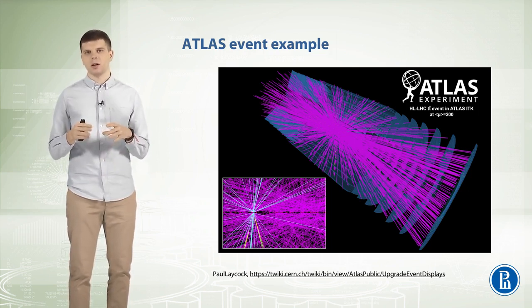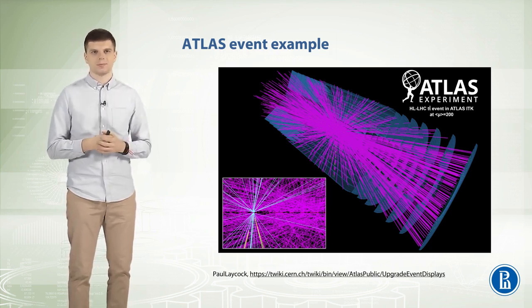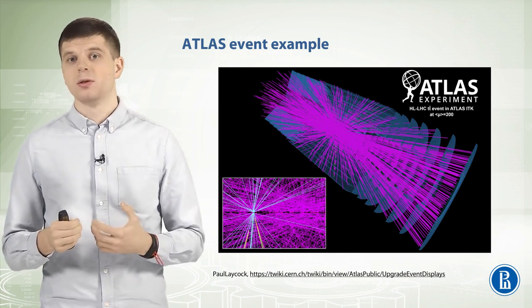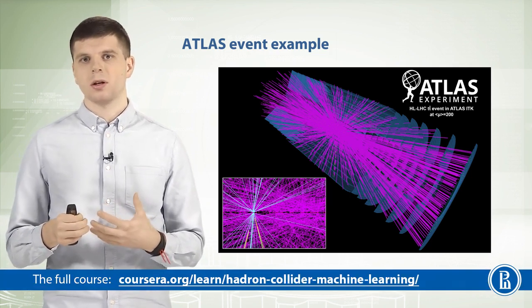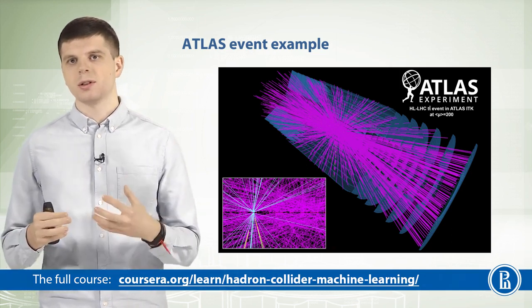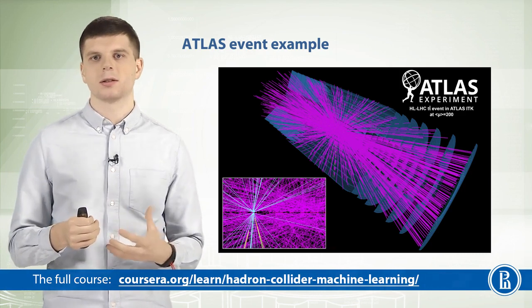An example of such a decay is shown in the lower left corner of the slide. In the next video we will consider the tracking system of a detector in high-energy physics. We will see how it recognizes particle trajectories and estimates their momentum.